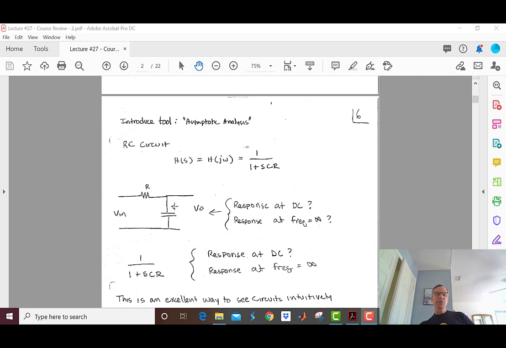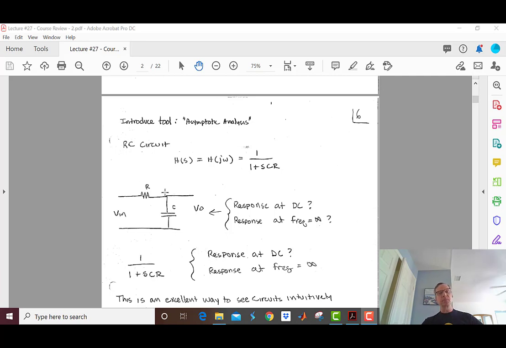So since there's no current here and no current here, there's no current through this resistor, so I get no voltage drop across it. Therefore, V out is equal to V in, and the transfer function is 1.